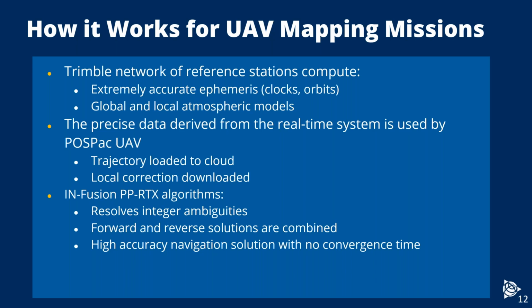Now for a POSPac user, this is all done with a single button click. Then POSPac uses its standard infusion algorithm to resolve integer ambiguities, combining forward and reverse solutions, and finally producing a high accuracy navigation solution. And again, since this is post-processing, there is no convergence time within the data itself.